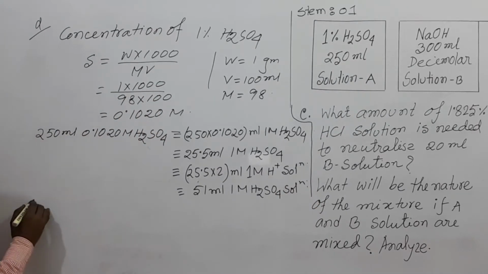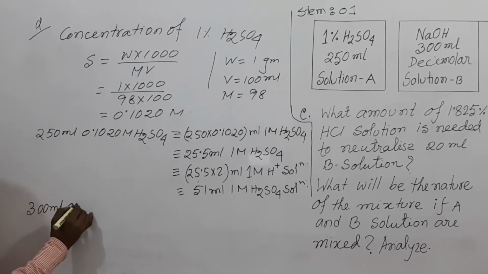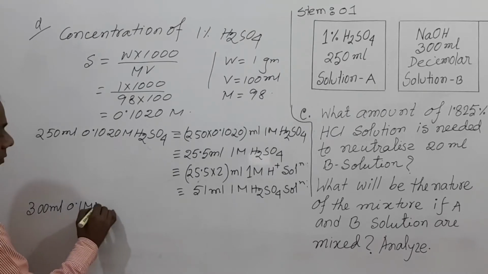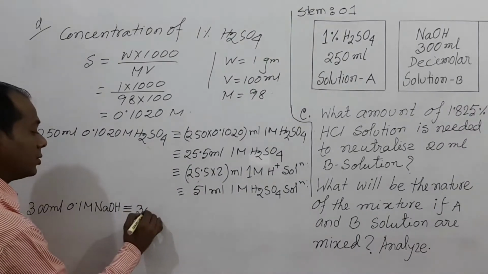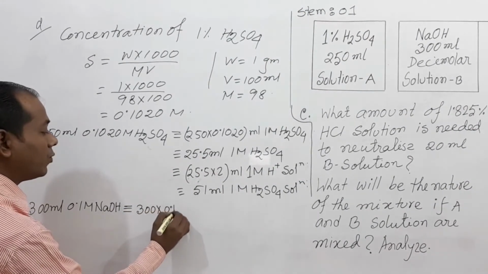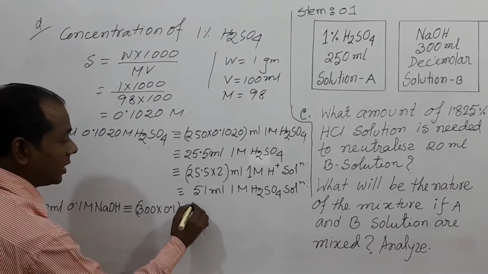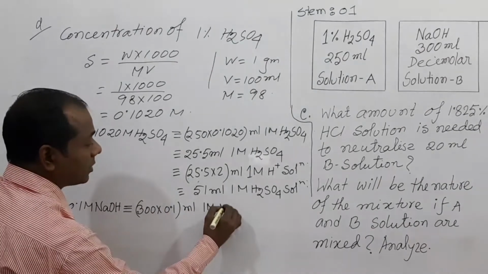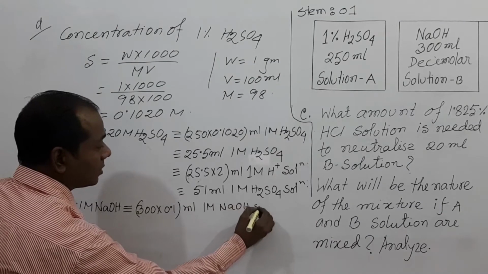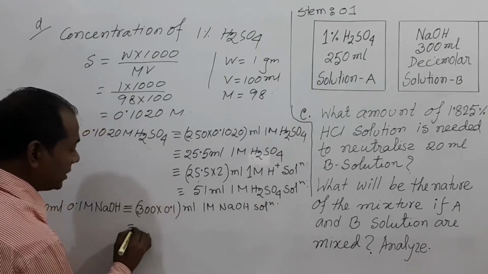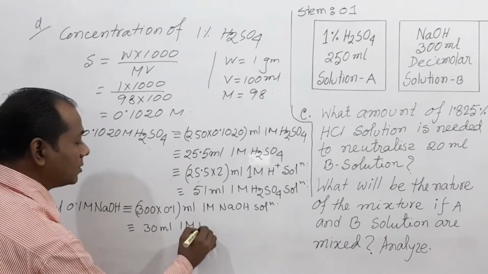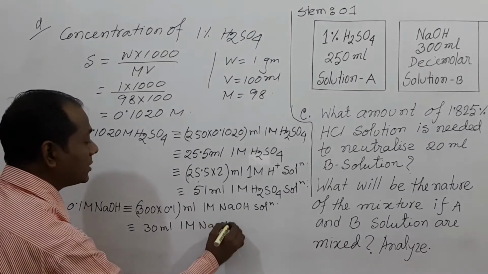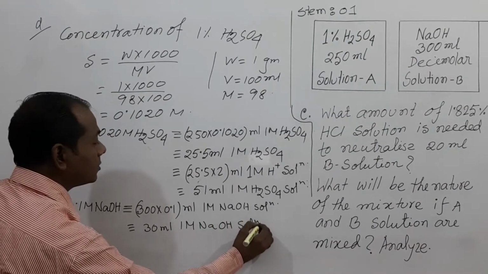Now 300 ml 0.1 molar sodium hydroxide solution is equivalent to 300 into 0.1 ml 1 molar NaOH solution, and we get here 30 ml 1 molar sodium hydroxide solution.